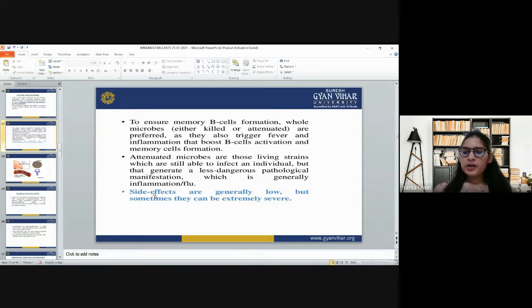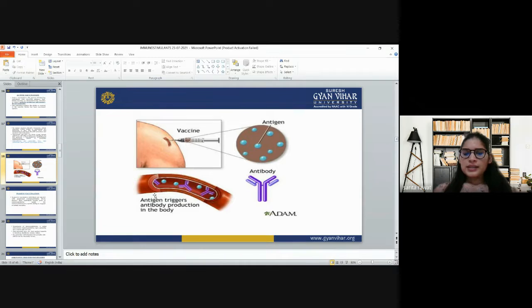Attenuated microbes are those living strains which are still able to infect an individual, but generate less dangerous pathological manifestations, which is generally inflammation and flu. The side effects are generally low, but sometimes they can be extremely severe. So as you can see in this picture, vaccinations give antigen, and antigen triggers antibody production in the body.